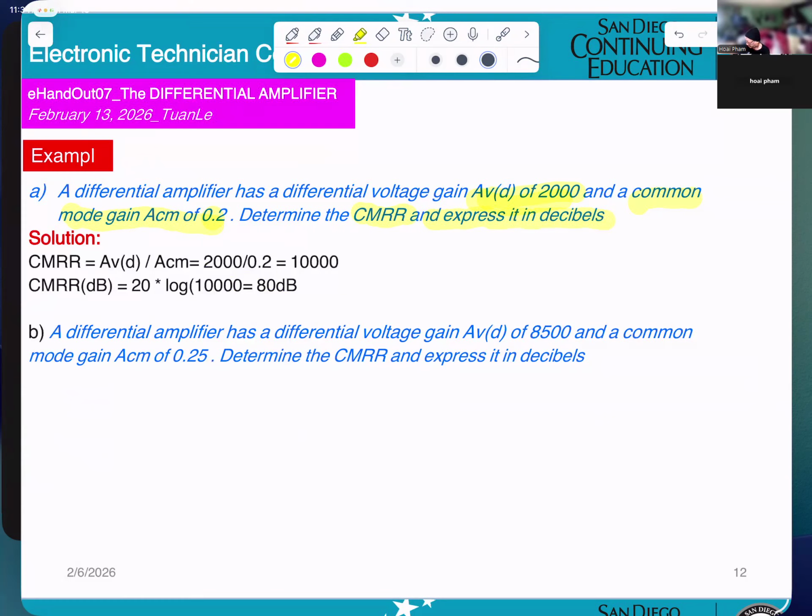You know CMRR equals AVD divided by ACM, 2000 divided by 0.2. You get 10,000. Now, if you want it in decibels, apply the formula 20 log of 10,000, which equals 80 dB. And you can try the next part.